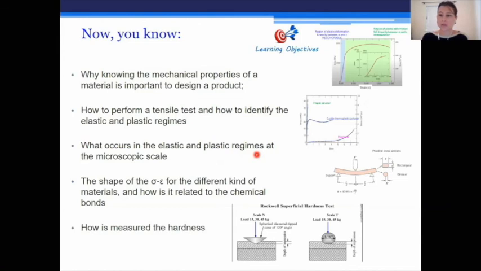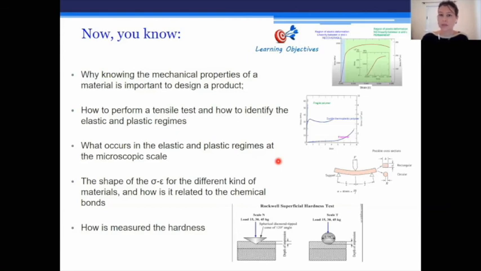You know the shape of the stress-strain curves of the different kinds of materials and how it is related to the chemical bond, as we commented. And also we introduced the hardness test that plastically deforms the material and enables us to have some idea about the tensile strength of the materials without the necessity to prepare specific specimens and without destroying materials.